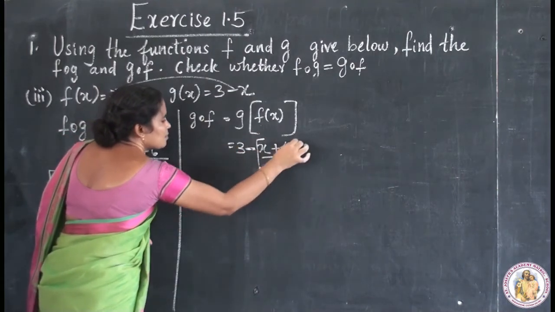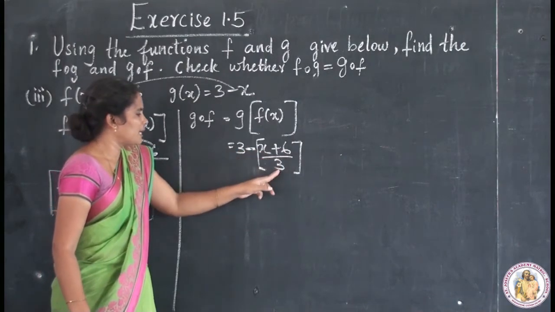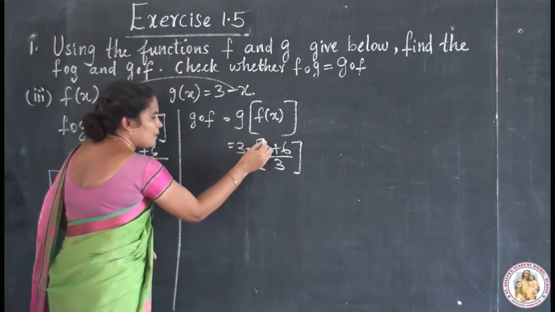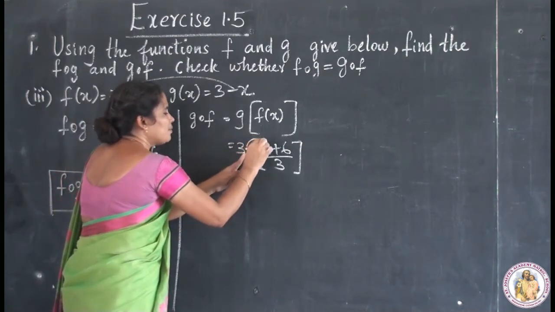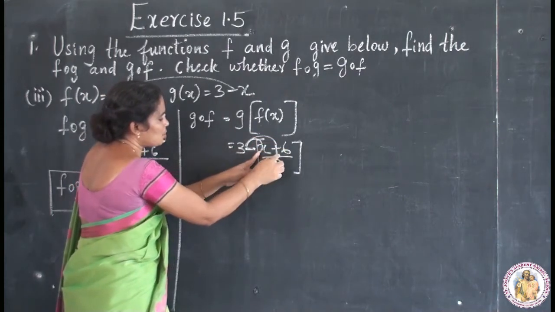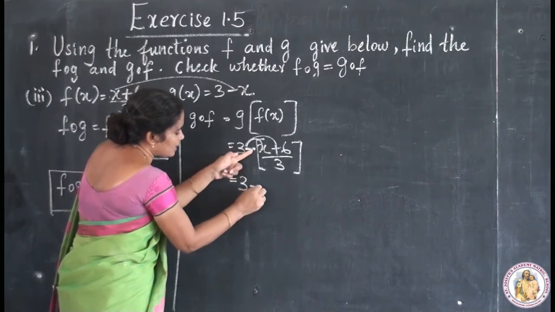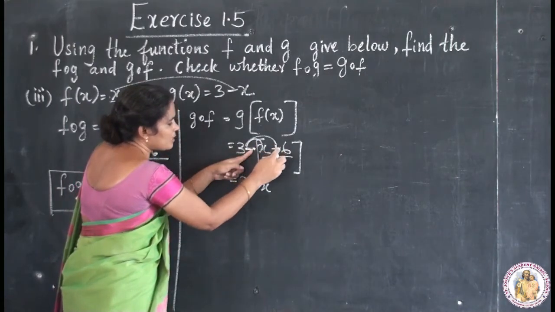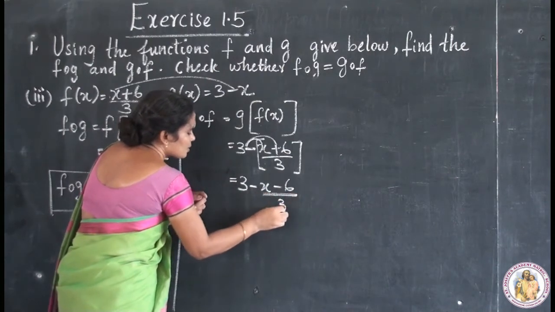So write this term separately: 3 minus (x plus 6)/3. Here before the bracket we have a minus symbol, so multiply plus into minus and again plus into minus. We will have 3 plus into minus, minus x, plus into minus, minus 6 by 3.